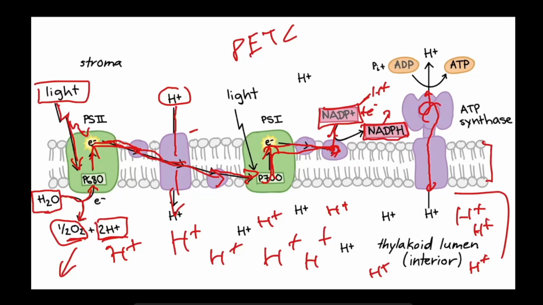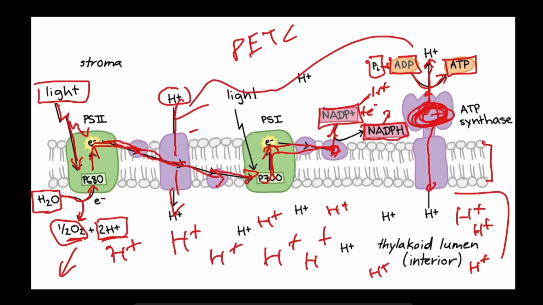It's going to start spinning and spinning. And as protons pour through, it spins faster and faster, and it takes phosphate and adenosine diphosphate, slams them together, and makes adenosine triphosphate. And then the protons go back into the stroma so that the process can continue.